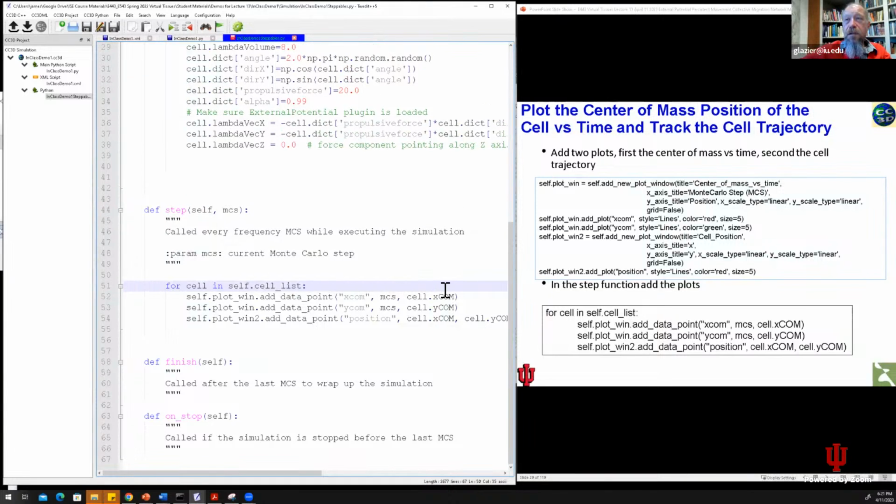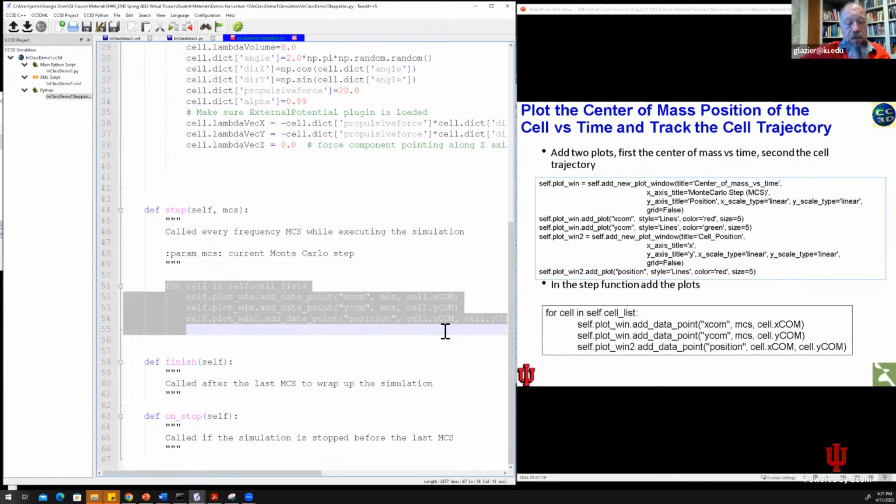Save some space, make it easier to see. And here's the plot. If somebody wants to try that and see whether it works, I'm quite capable of making a typo, so people should check. And that should give the result that Nick just showed.